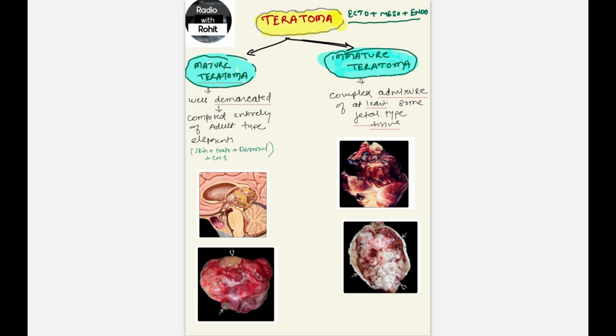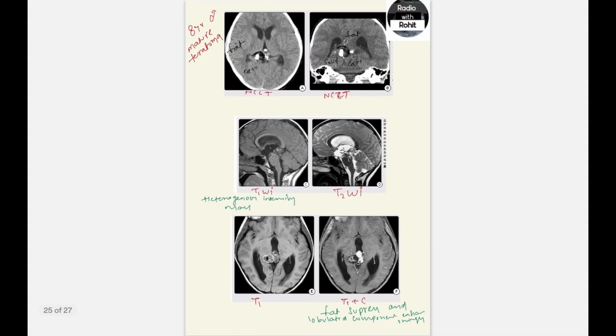Now we will discuss the non-germinomatous type, or the teratoma. The teratoma is divided into the mature teratoma, in which the cells are of the adult type, and the immature teratoma, in which there is an admixture of different types of ectoderm, mesoderm and endoderm. In the mature teratoma, skin, hair, dermal and CNS tissues will be present, along with fatty tissue and calcium. An 8-year-old patient came with a mature teratoma.